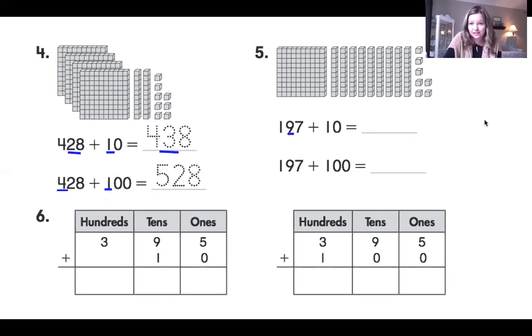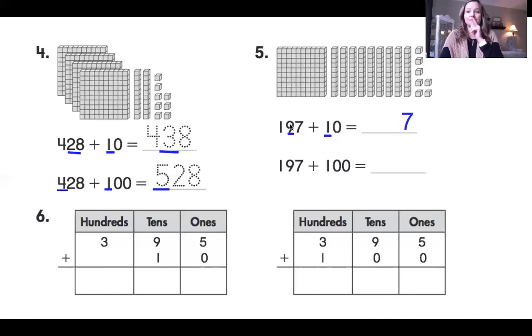Let's look at that over here. We have the number 197, and we're adding 10. So notice the 9 is in the tens place, and the 1 is in the tens place over here. So ones are going to stay the same. 7 plus 0 is 7.